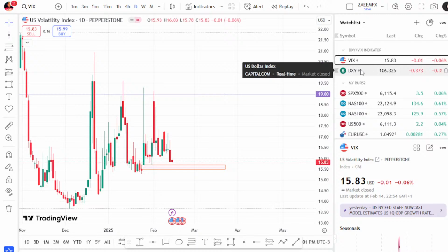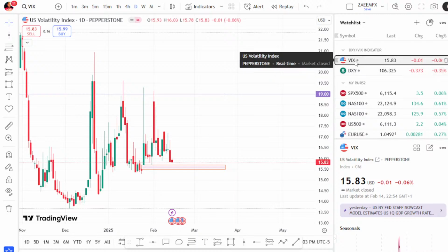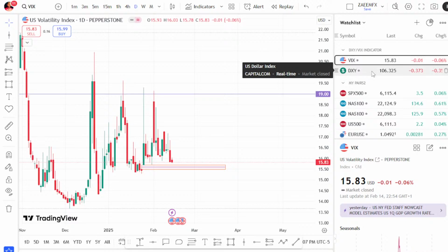Like the dollar index is going up, VIX is going down. So if you just analyze based on the dollar index, we are considering risk off, risk on scenario, right? If dollar index is going up, at times the NQ or ES, that is the Nasdaq and the S&P 500, will go up.